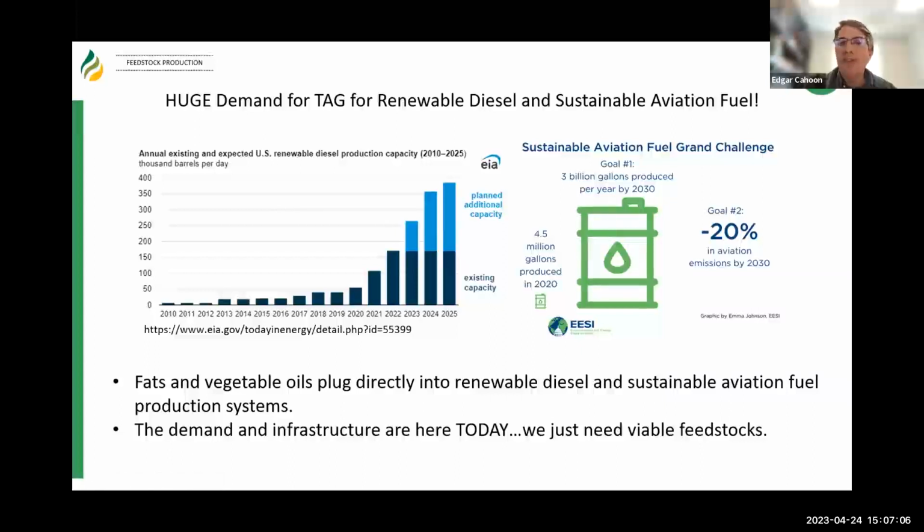And by 2050, we want to be at 35 billion gallons of sustainable aviation fuel produced from sustainable sources like vegetable oils. And as I'll show on the next slide, that's a huge target to reach. But the technology to make renewable diesel, to make sustainable aviation fuel is already here. It's all worked out. The problem is that we need viable feedstocks.